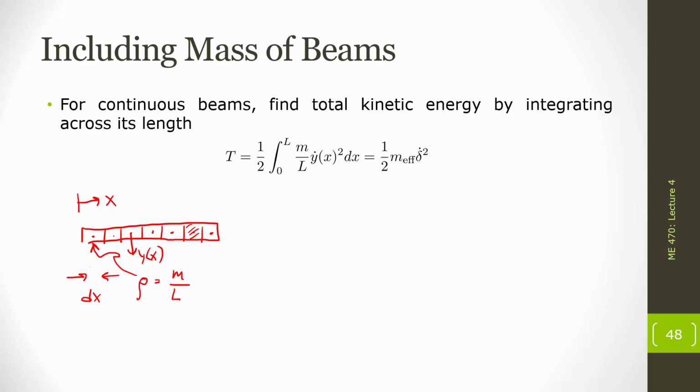So kinetic energy is going to be generally 1/2 mv squared. So it's going to be 1/2 times the mass of just this little piece. Well, the mass of the piece is going to be its linear density times its length.